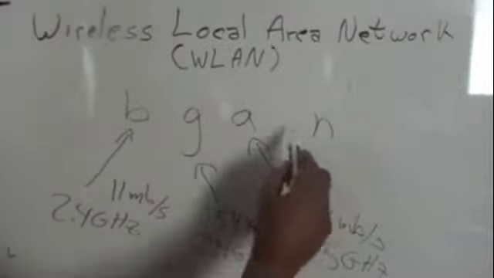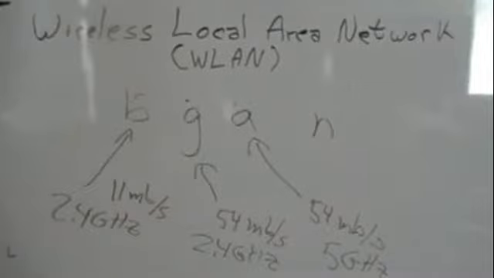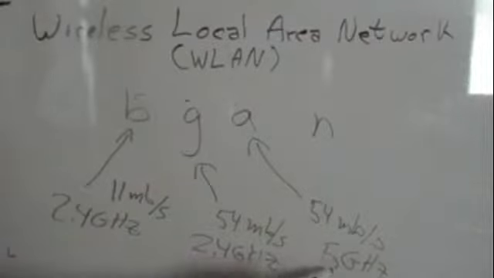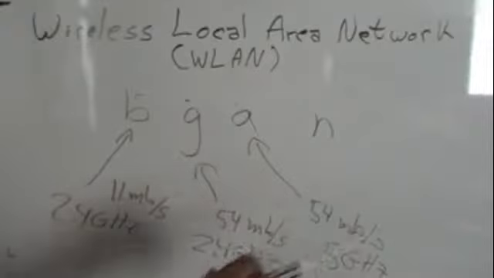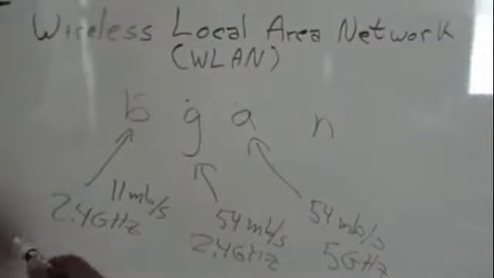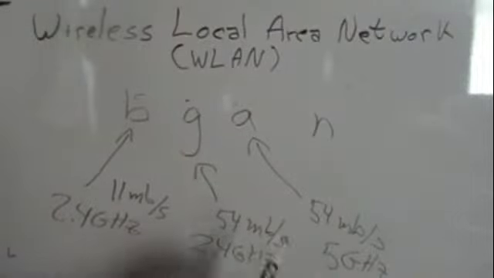Then N is actually a combination of B, G, and A all combined in one. Now, what are the advantages of this? If you can go to a higher frequency, then it's equivalent to, in plumbing, you've got a larger diameter pipe. So you can carry more users, more content at a high rate of speed.